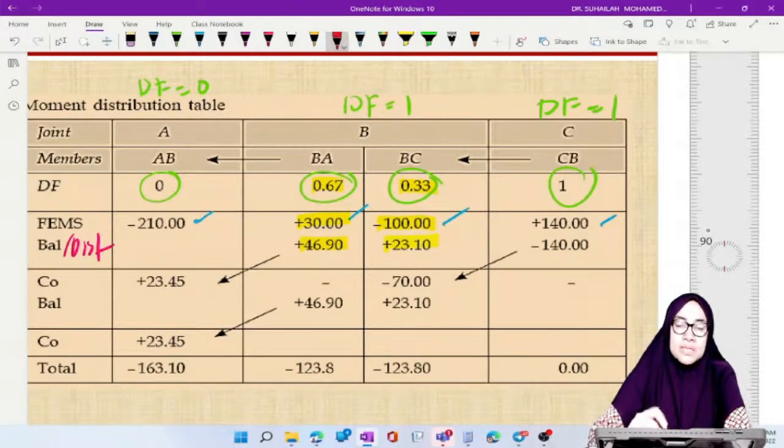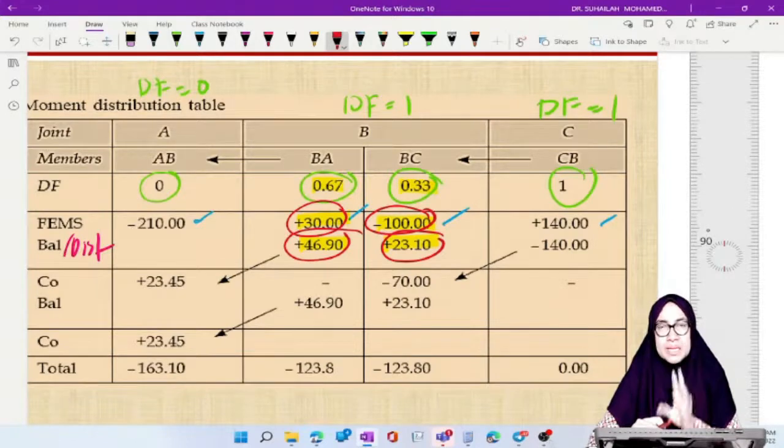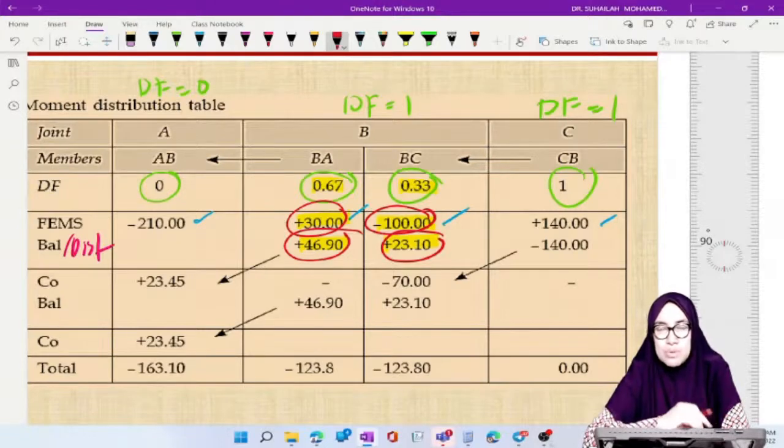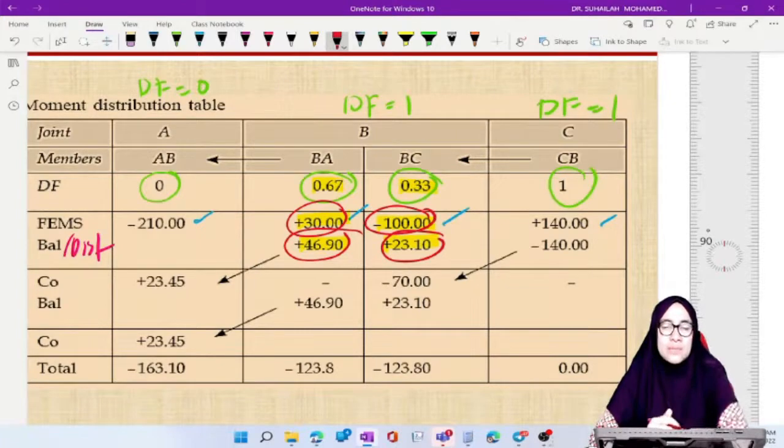We must check that the total of these two must be equal to 0, because MB is equal to 0 due to the internal support condition, as well as the roller located at B.